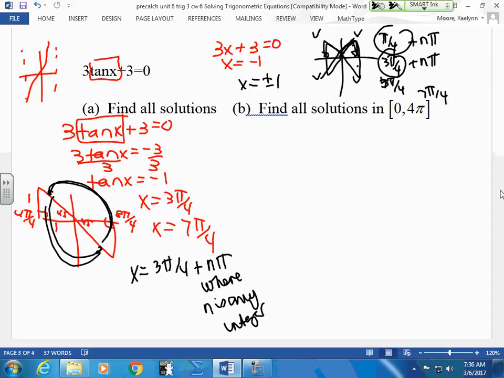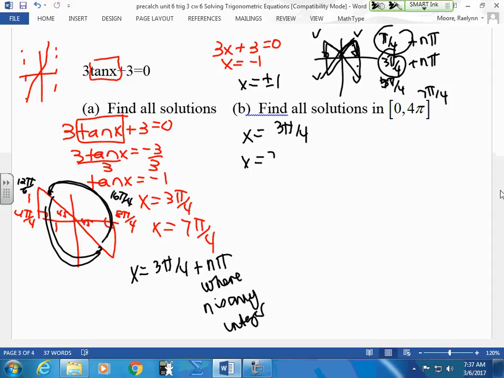Alright, so if I'm doing all solutions in 4 pi, again, you have a choice. You could go through here, and you could say, okay, this is 8, this is 12, add another 4, this is 16. If it's only going to go to 4 pi, this works out nicely. So I've got all solutions, 3 pi over 4, and then what after this?